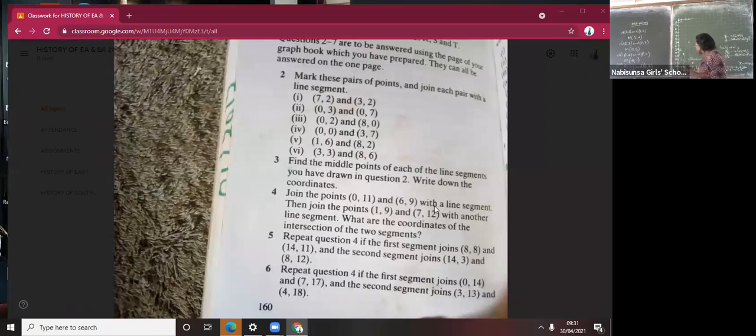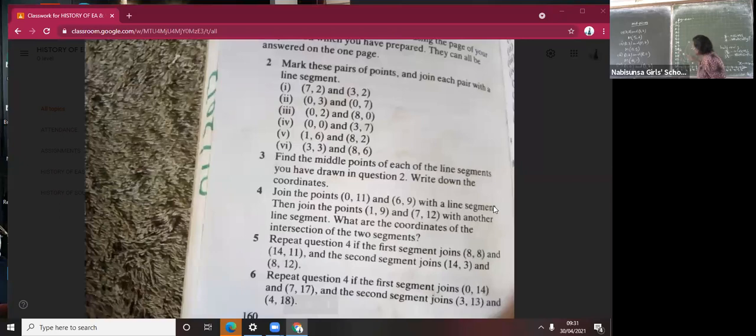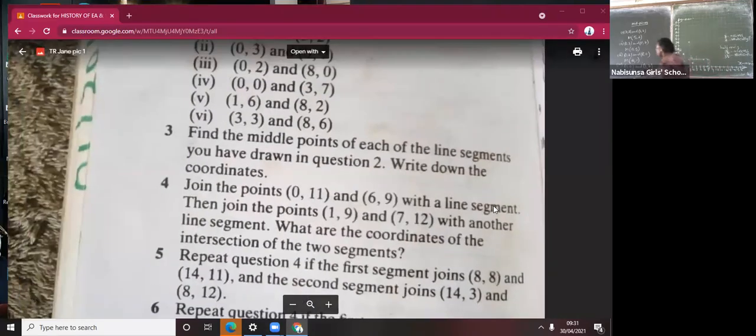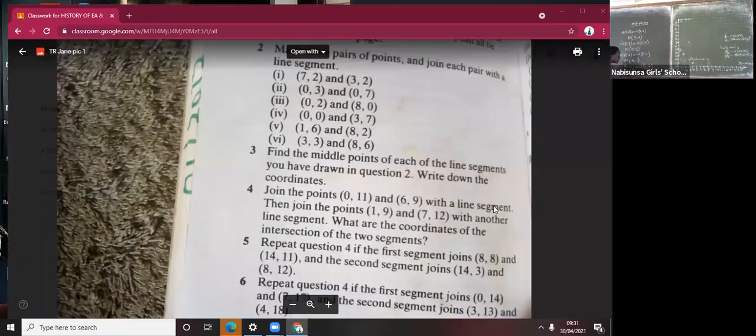Then vertically, we are taking 3.5. We locate the midpoint. Then we give the coordinates of the midpoint. From here, this is a half, 1.5. And vertically, we are having 3.5. And it is the coordinates 1.5 and 3.5.